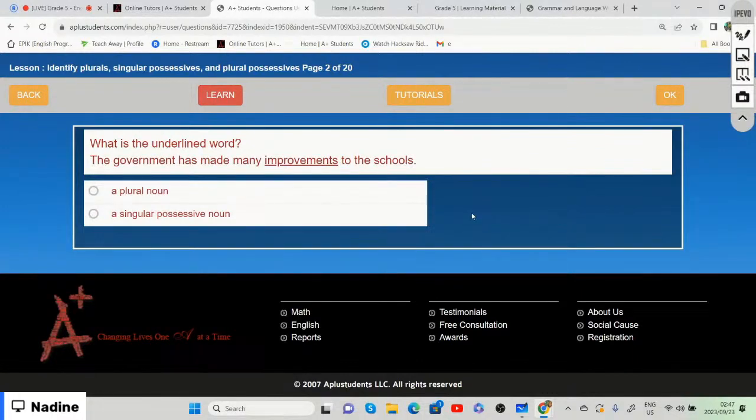The government has made many improvements to the schools. Is that a plural noun? So improvements, the plural noun or singular possessive noun?